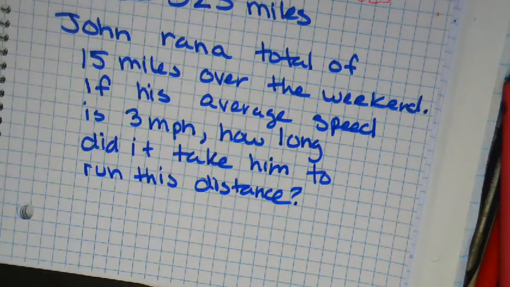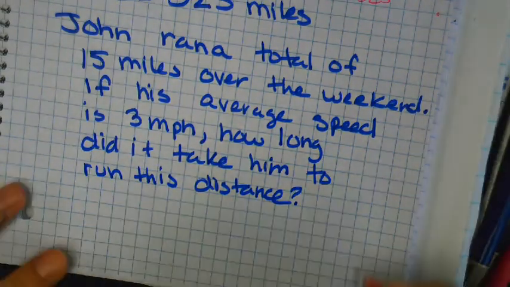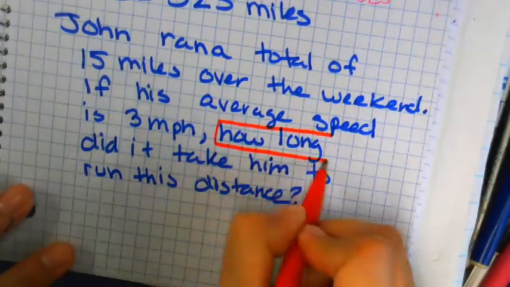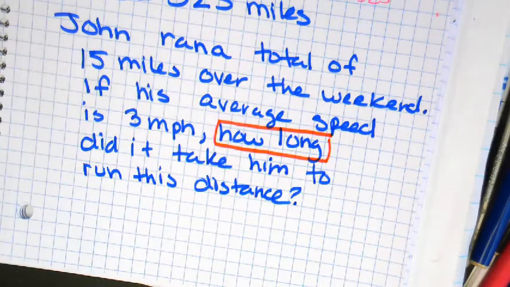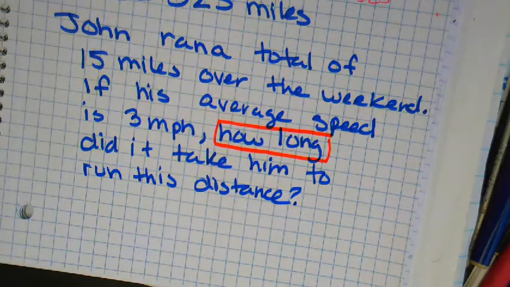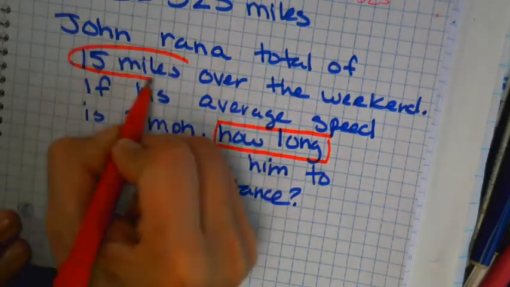Okay. What are you solving for? Time. What tells you time? How long. But what if you're sitting there going, I don't know what I'm solving for? Look for the numbers. 15 miles means distance.